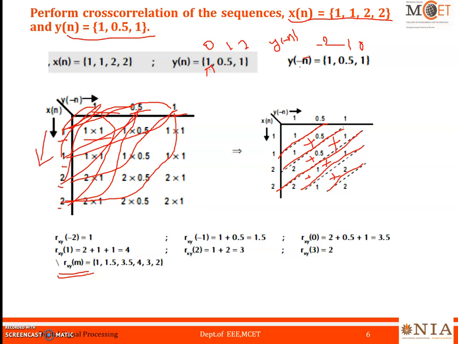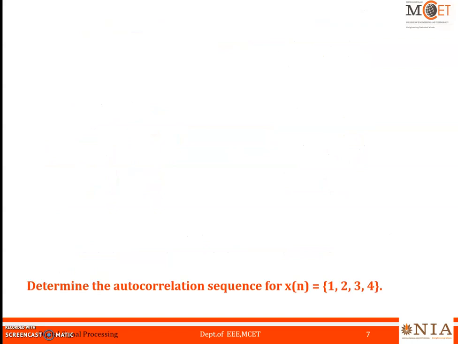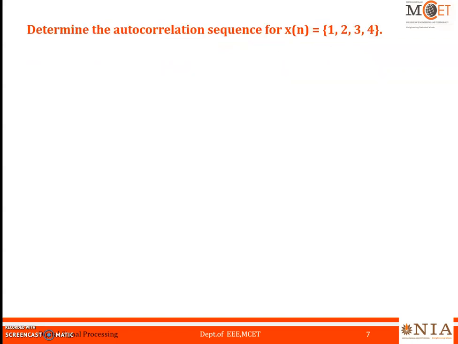Now, next problem. We are going to find out the autocorrelation of the sequence x of n equal to 1, 2, 3, 4. The arrow represents the value of 0, so you have to take it as the first value as 0. Now x of n is available: 1, 2, 3, 4. What's the value of x of minus n now?